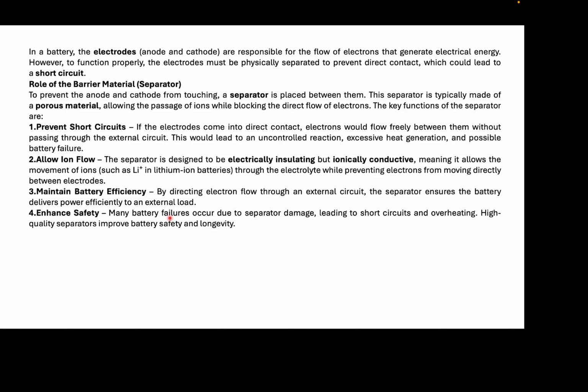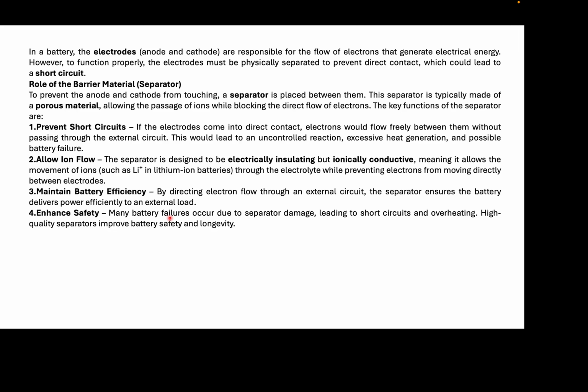If the electrodes come into direct contact, electrons would flow freely between them without passing through the external circuit. This would lead to an uncontrolled reaction, excessive heat generation, and possibly battery failure. Second, allow ion flow. The separator is designed to be electrically insulating but ionically conductive.